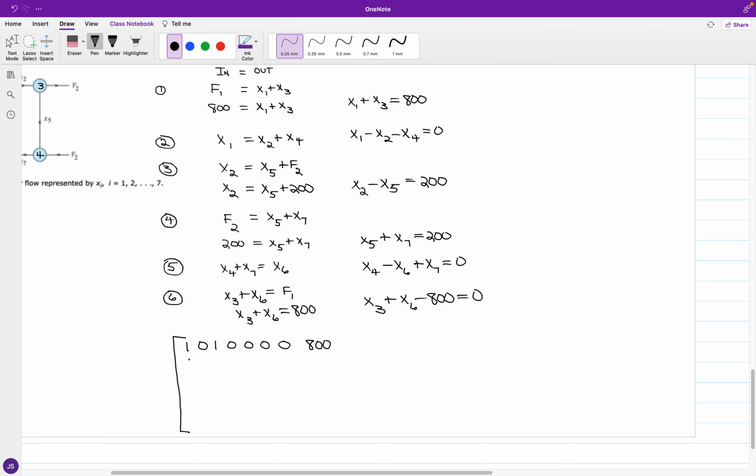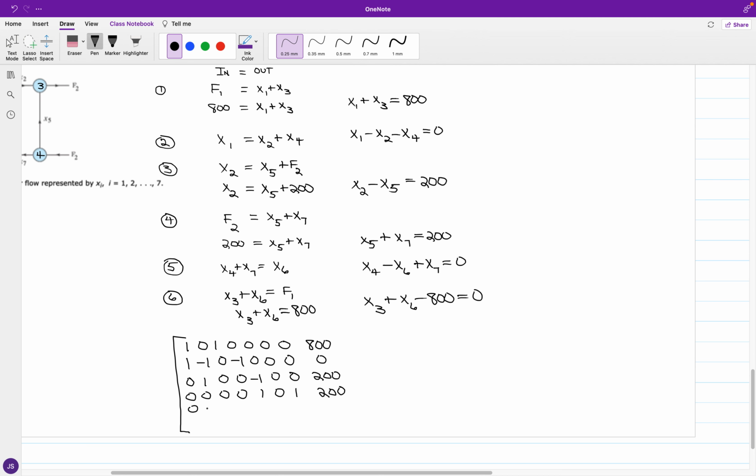Next equation, I have 1x of 1 minus x of 2, no x of 3, minus x of 4, is equal to 0. Third equation, I have 1x of 2 minus x of 5, is equal to 200. We have x of 5 plus x of 7 equal to 200.